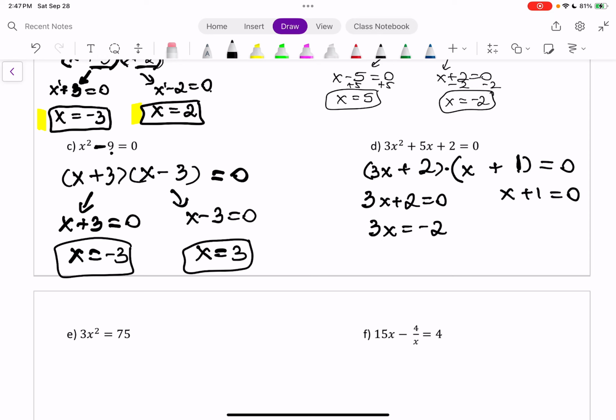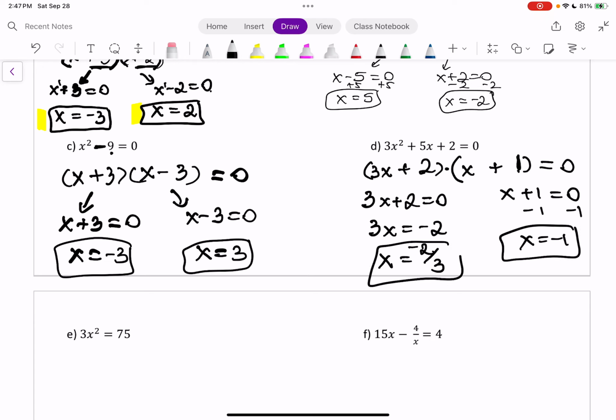And here I'm going to minus the 2 and divide by 3. Here I only need to minus the 1, and then x is by itself. So you still need to finish solving for x, each one of these linear equations. Minus 2 divided by 3, and so on.